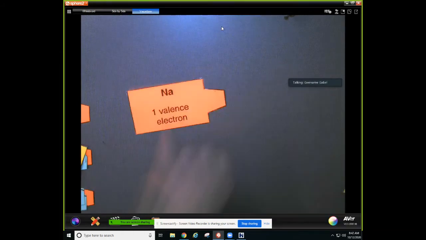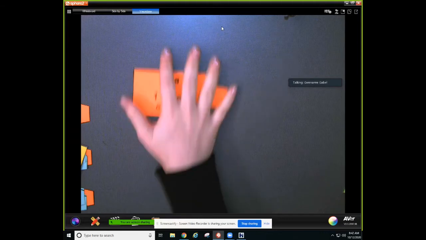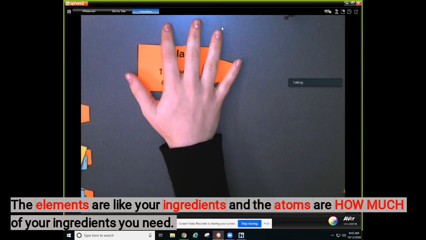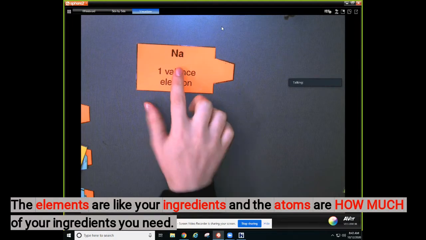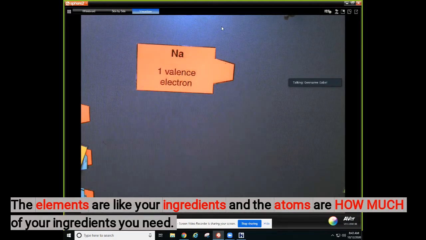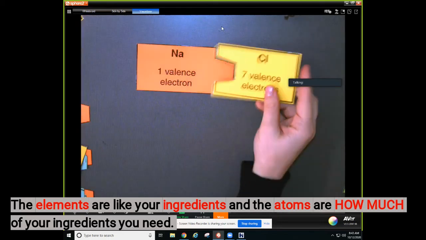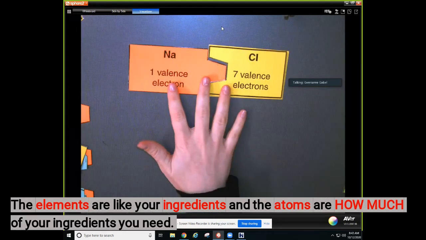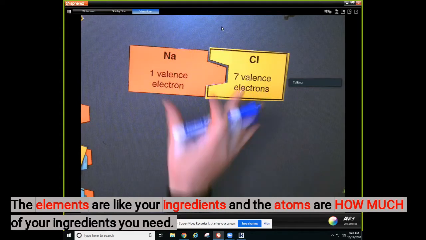Okay, sodium. Okay, so I have 1 atom of sodium. This is 1 atom of sodium. 1 element, 1 atom. Now sodium likes to bond with chlorine. Okay, you see how their valence electrons, 1 plus 7 equals 8.